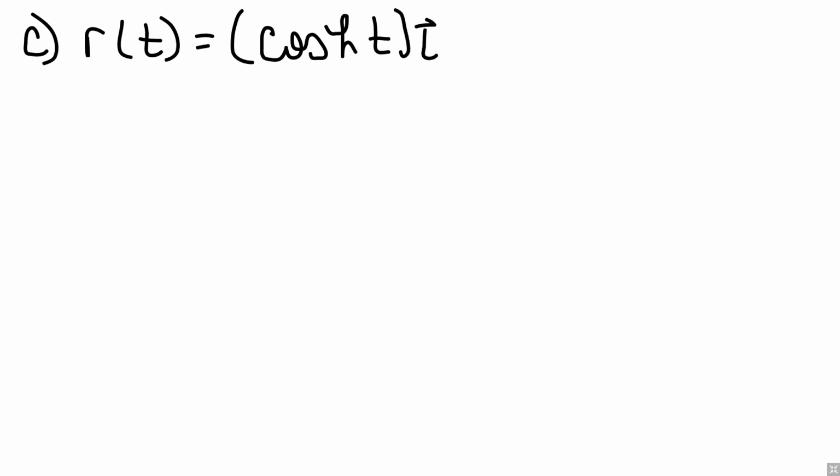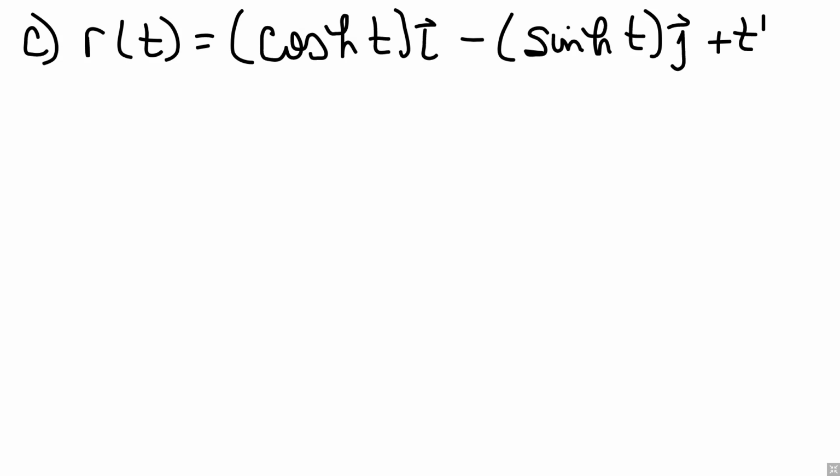So r of t is equal to hyperbolic cosine of t in the i direction minus hyperbolic sine of t in the j direction plus t in the k direction. And in this, we are asked to find the unit tangent, unit normal, the binormal, and the curvature.